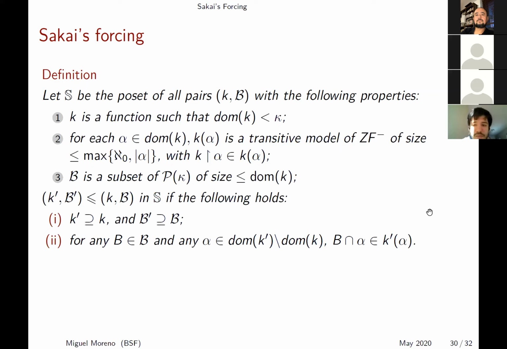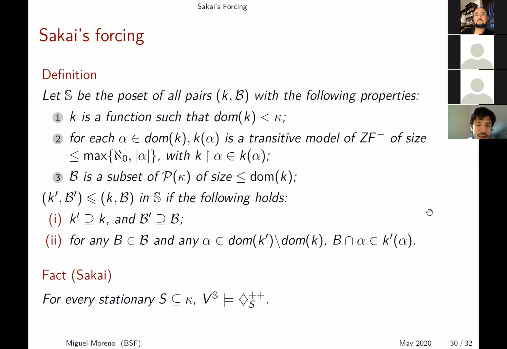So you put the reflection somehow into the forcing definition. Somehow you start putting some kind of elementarity, and you're trying to start pushing that way. And this is Sakai's proof that with this forcing you can force diamond plus plus S.